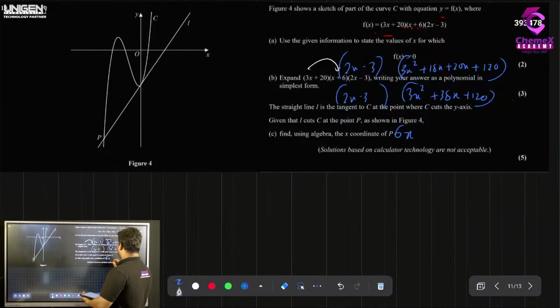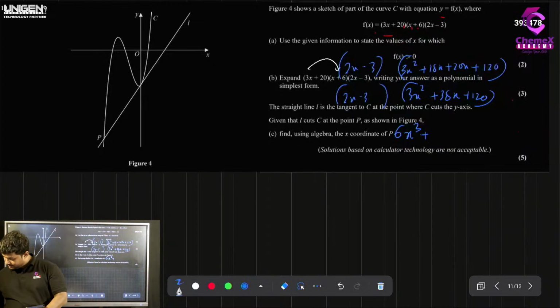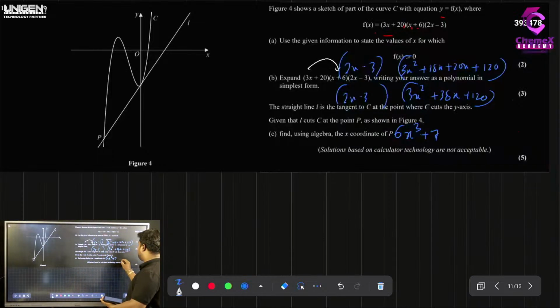6x cubed, plus 38 into 2 is what? 76. Yes, plus 76x squared plus 240x.